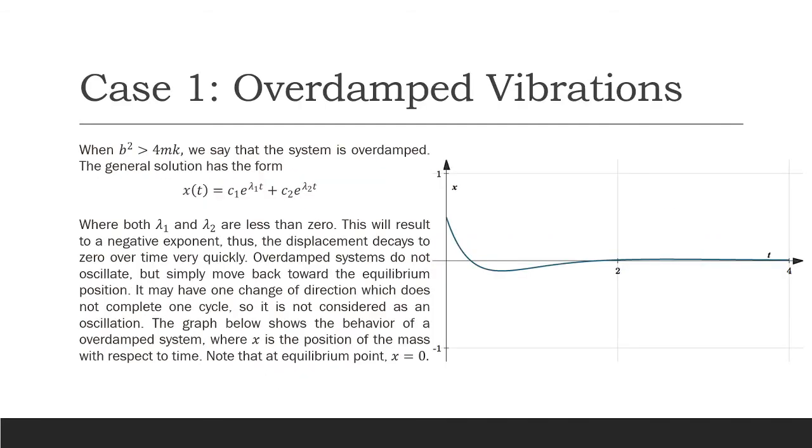So the first case natin class is yung tinatawag natin na overdamp vibrations or oscillations. That is when b squared is greater than 4mk. So we say that the system is overdamp. So kapag overdamp ang ating system, ang general solution natin will be x of t is equal to c1 e raised to lambda 1t plus c2 e raised to lambda 2t.